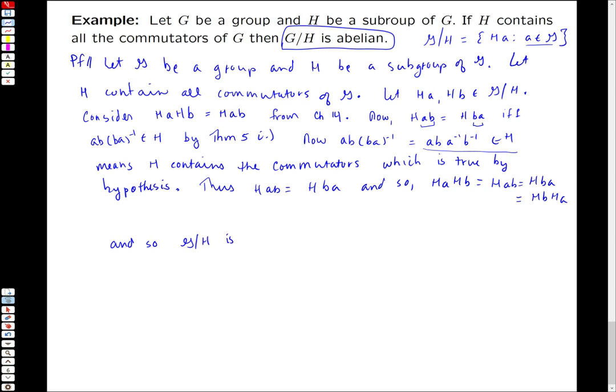I'm going to say abelian. Wait, for abelian I have to prove commutative. Right there and right there. Yeah, we already know it's a group. We assumed it was a subgroup. Do we use this step with the commutators just as a verification to know that Hab is equal to Hba? Yeah. We have to have that commutator in H to know that.